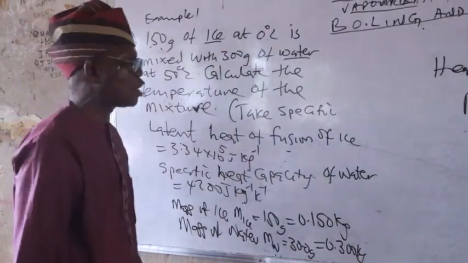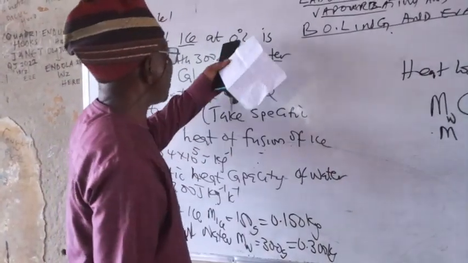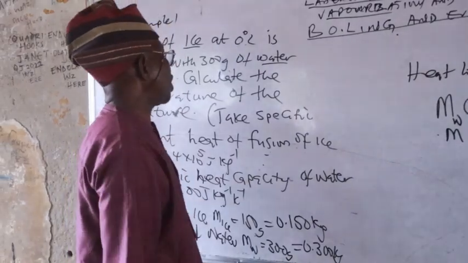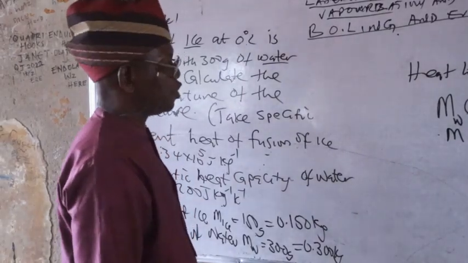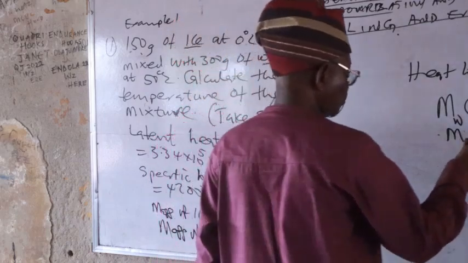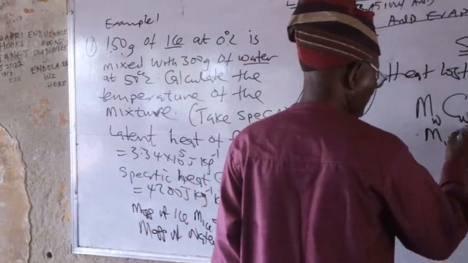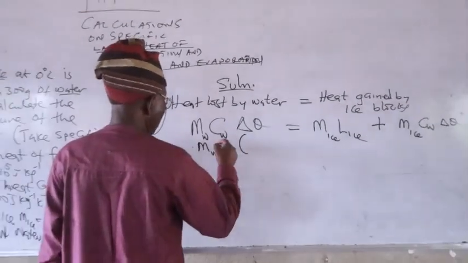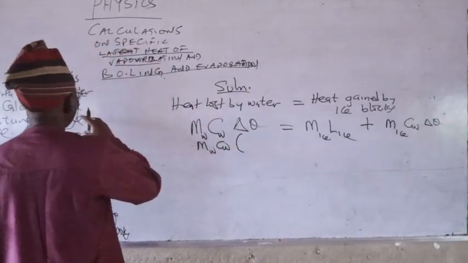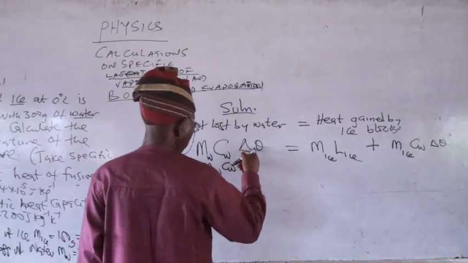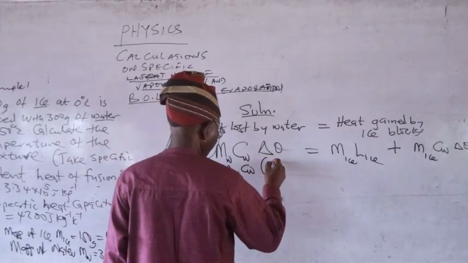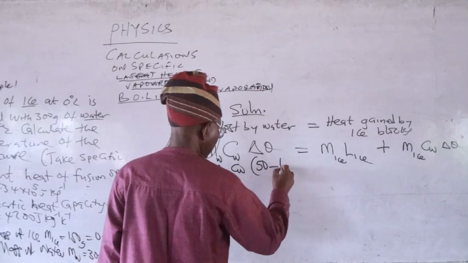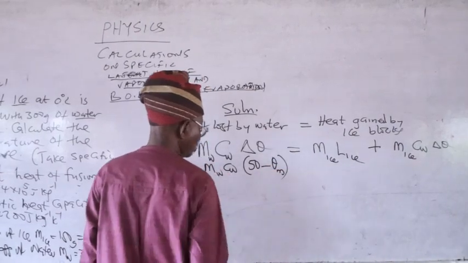And the initial temperature of ice is 0. Initial temperature of water is 50. Now I transfer that to this. I can say mass of water, specific heat capacity, change in temperature, which is the initial temperature of water, 50, subtract the mixture temperature from it.